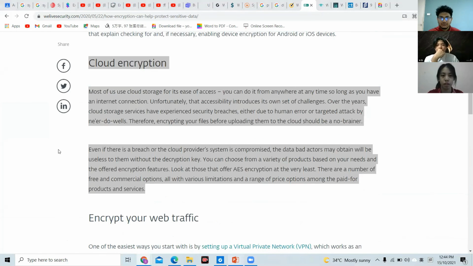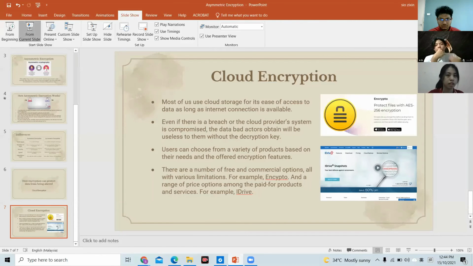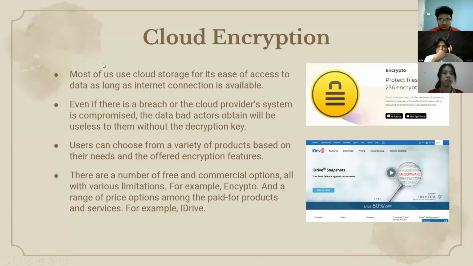My slide says that most of us use cloud storage to access our data if the internet connection is available. Even if there is a breach or the cloud provider's system is compromised, the data bad actors obtain will be useless to them without the decryption key.